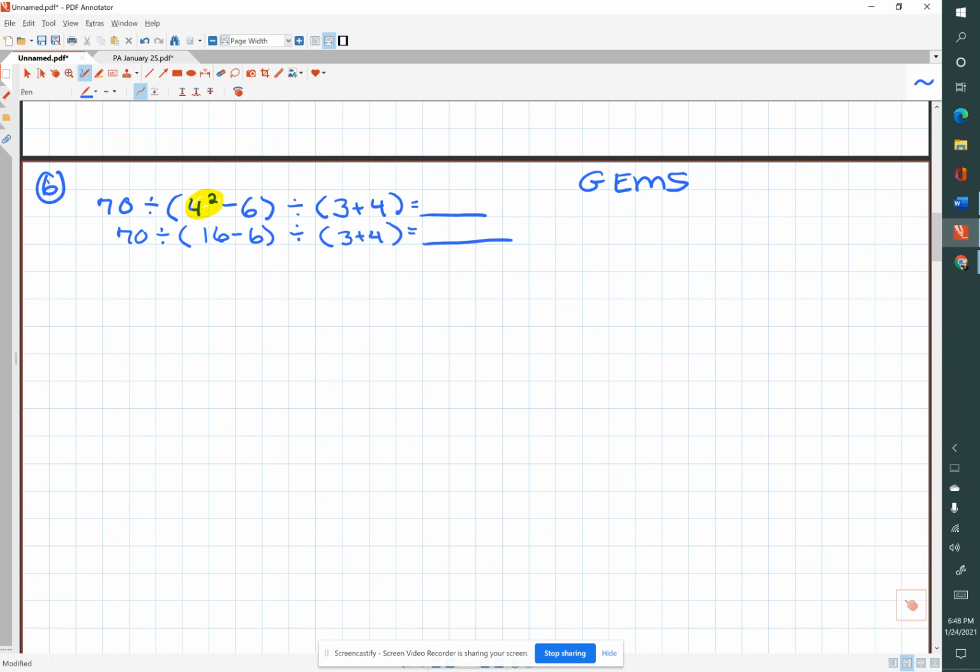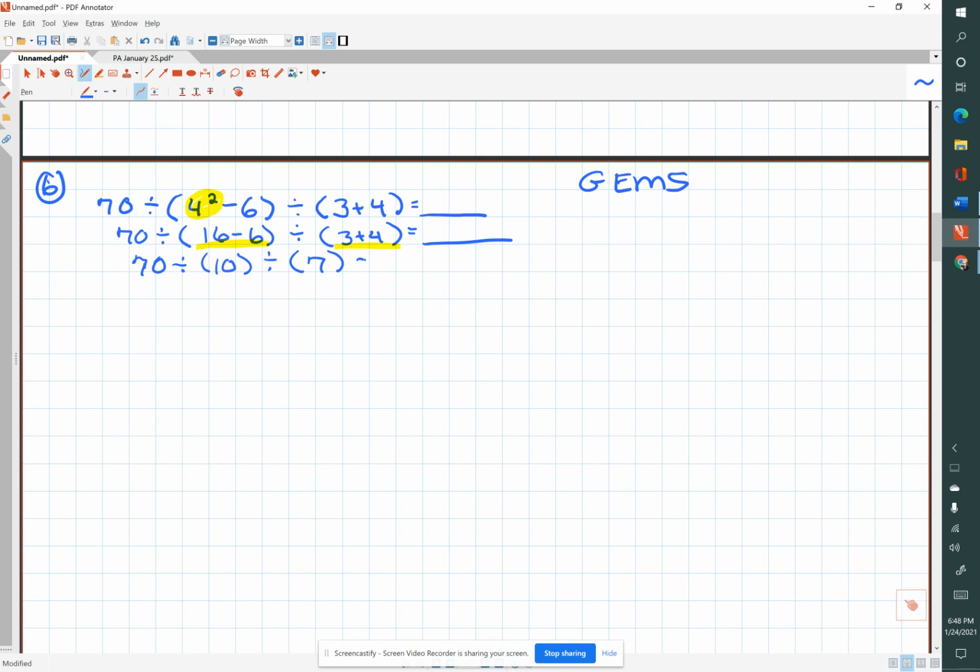And now we're going to work within both of those grouping symbols. We have a 16 minus 6 and a 3 plus 4. So 70 divided by 16 minus 6 is 10, divided by 3 plus 4 is 7.